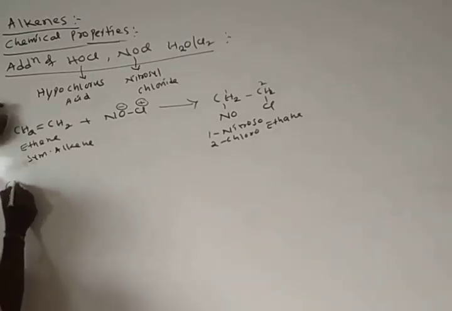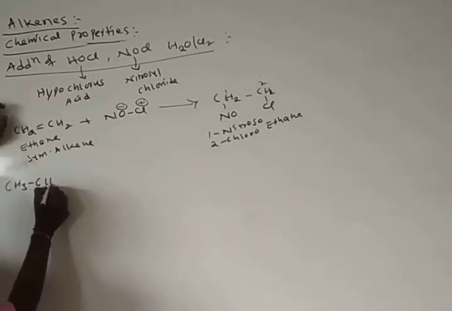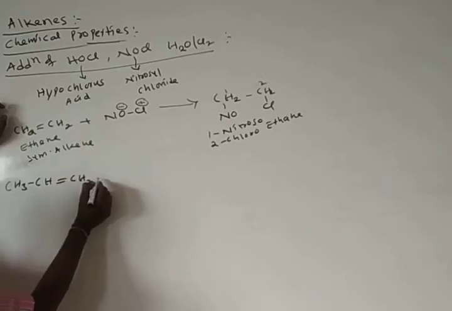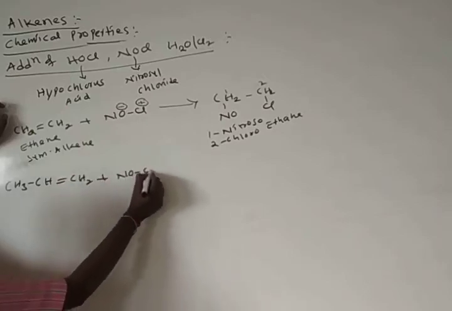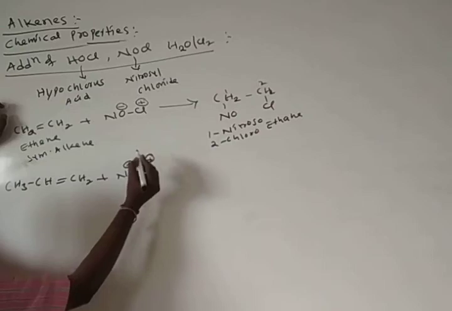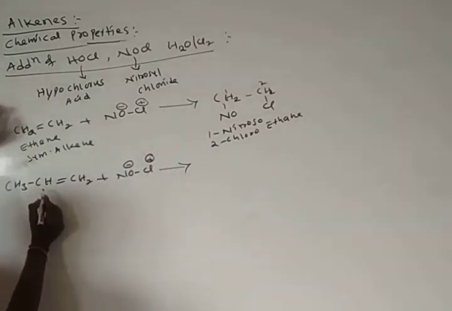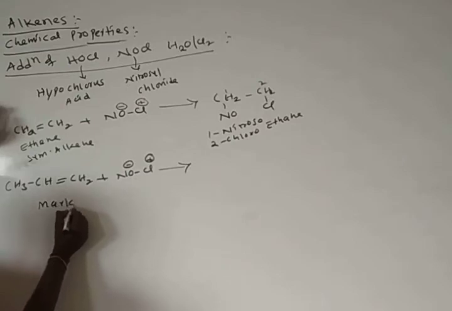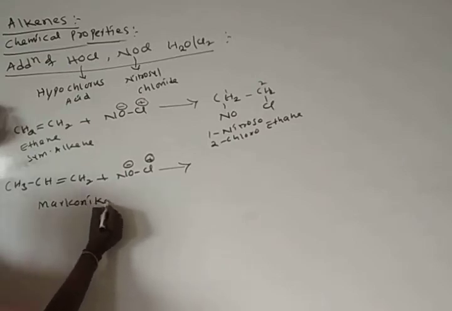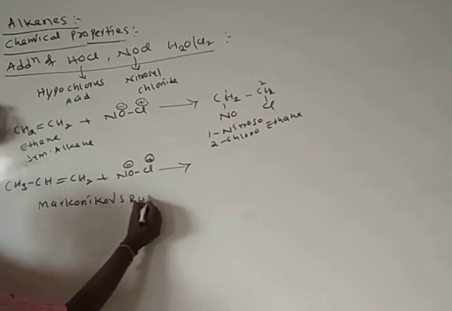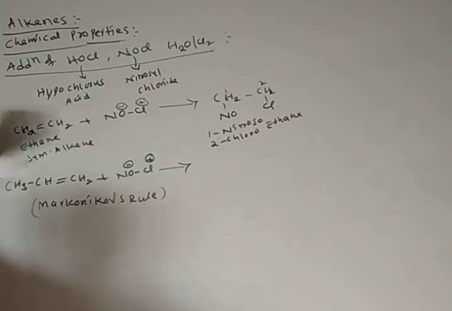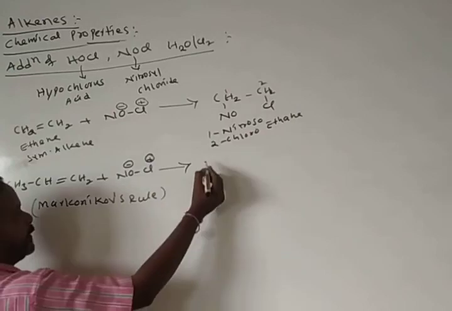We take an unsymmetrical alkene with NOCl, NO minus, Cl plus. Here we get two products. This also proceeds through the Markovnikov rule.